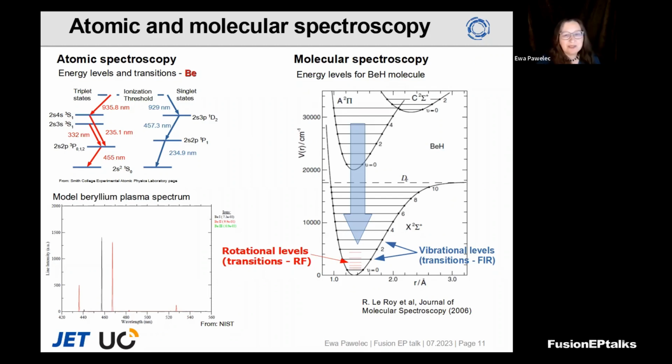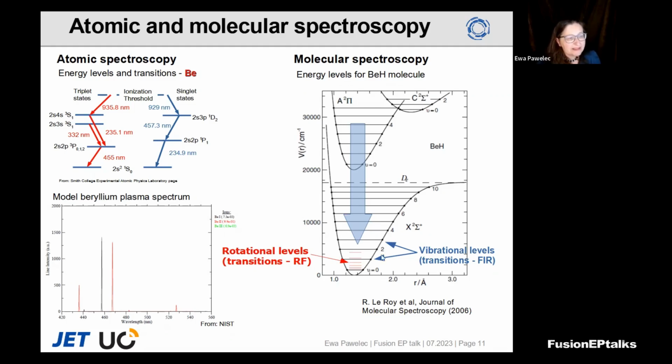But here we have it much more, because we have the quantization of the movement of the nuclei in the molecule. So we have the vibrational levels, which are connected to the fact that the nuclei are oscillating, and we have the rotational levels because the molecule can rotate according to different rotational axes.